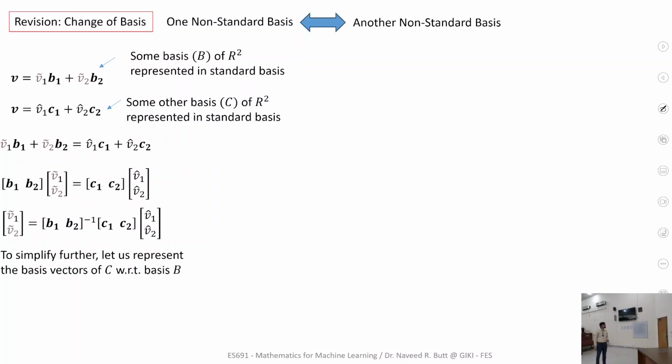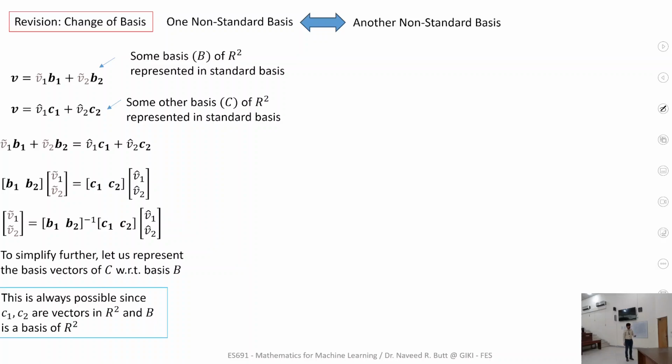So to simplify further, let us represent the basis vector of C with respect to basis B. Okay. So why is it possible? Again, since C1, C2 are vectors in R2 and B is a basis of R2, so we should be able to write C1 and C2 in B1 and B2. Should always be possible. ठीक है.